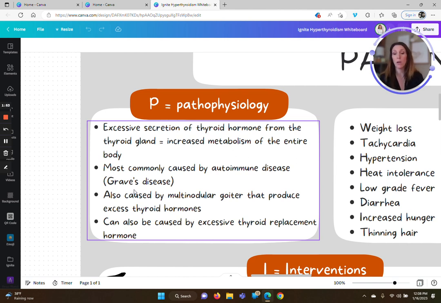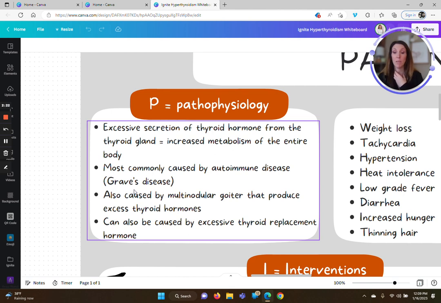It could also be caused by multinodular goiter. We talked about this in the last video, we'll go over it again. You've got your thyroid here in your neck, and the goiter is when you get this fullness, which is an enlargement of the thyroid gland. So you have like this fullness in your neck. And the thyroid sometimes develops nodules, so these little growths upon the thyroid.